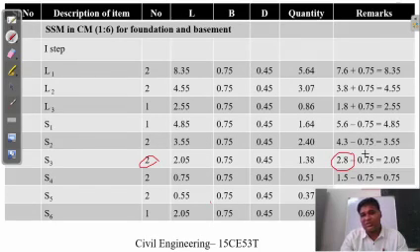For short walls, you have to take the difference, that is minus 0.75. So 2.8 minus 0.75 gives the length of the wall, 2.05. This 2.05 meter multiplied by 0.75 multiplied by the depth 0.45 will give me the quantity of the sandstone masonry, that is 1.38 cubic meters.